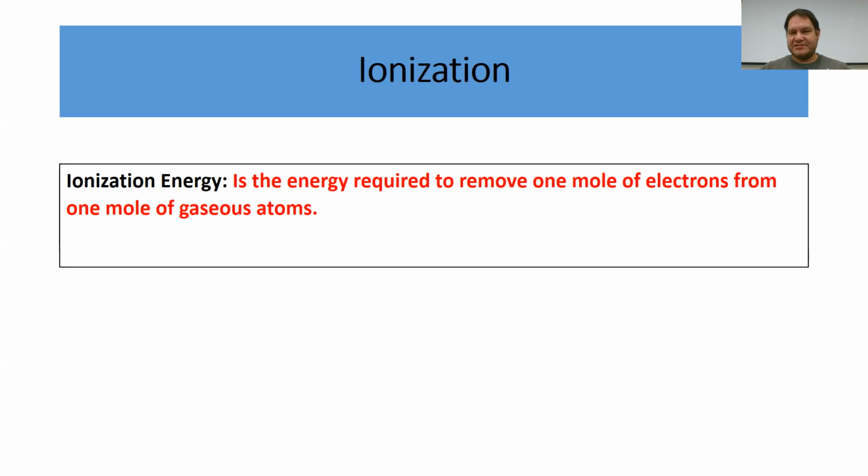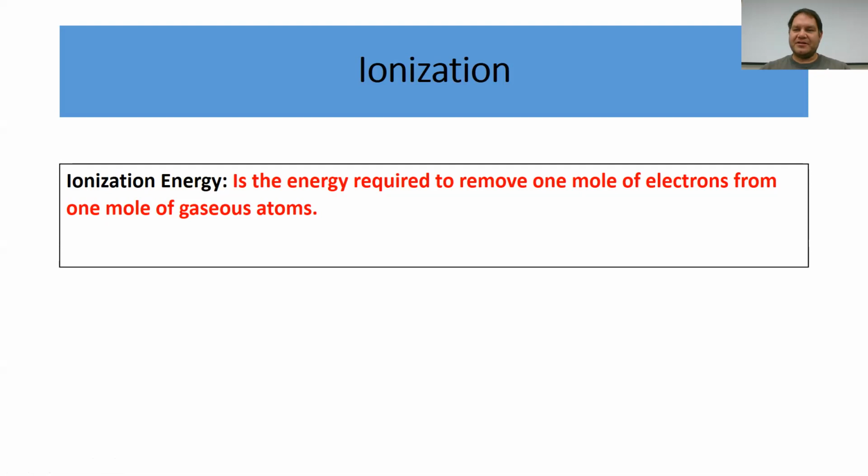By definition, this is a good definition for AP and IB, it is the energy required to remove one mole of electrons from one mole of atoms in the gas state, okay? So these atoms have to be in the gas state in order to remove the electron in the first place. And so we're talking about the energy required to remove molar amounts of electrons from these atoms, okay?